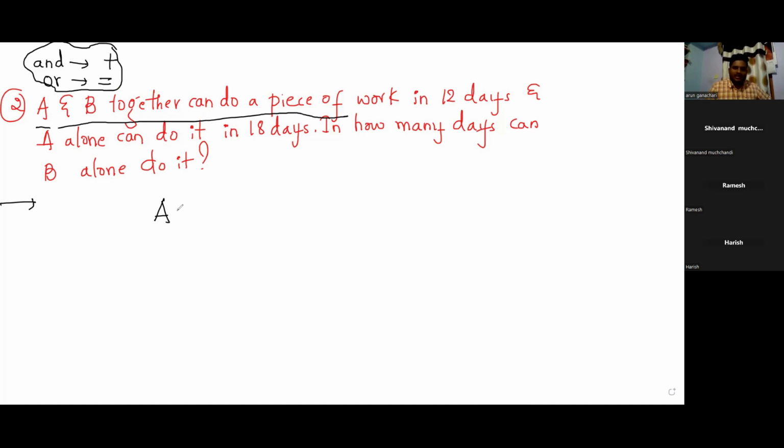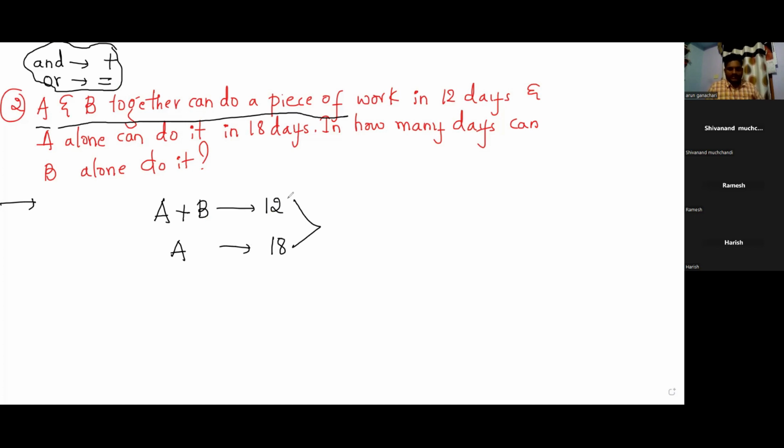So A and B, meaning A plus B, can do it in 12 days, and A alone can do it in 18 days. Now we'll find the LCM of 12 and 18. What is the LCM of 12 and 18?